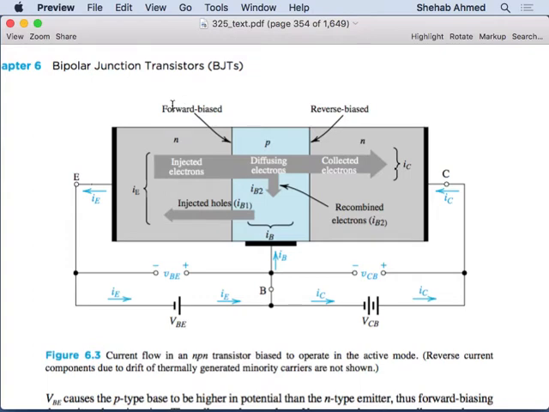Okay. So here I created a forward bias. So if I create a forward bias, then I allow... Here I have lots of N donors, and here I have P-type material, so I have acceptors. So what happens is there are lots of free electrons here that will diffuse to the base, right? And then how about the holes on the base side? They will diffuse to the other side, to the emitter side.